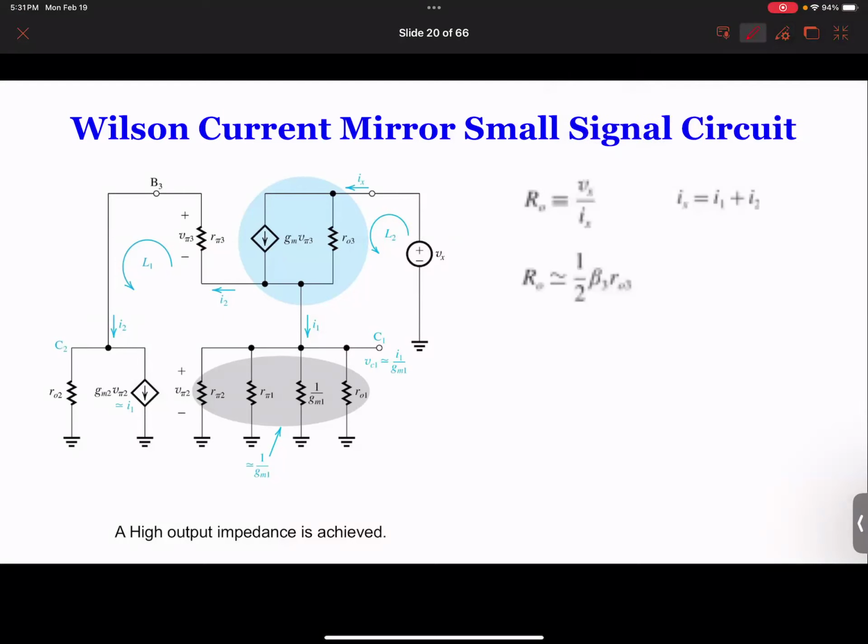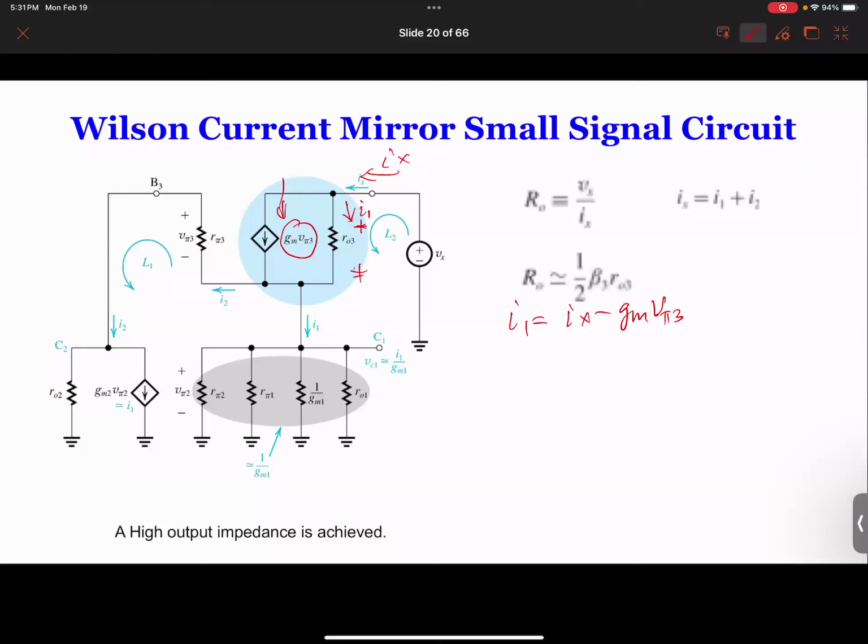If you look at the current coming here, it's Ix, but the current coming out here is Gm times Vπ3. So how much current is coming this way? Let's call it I1. So I1 equals Ix minus Gm times Vπ3. And how much voltage is from here to here?